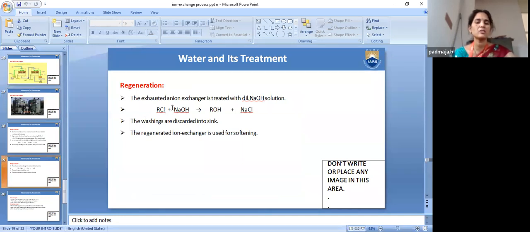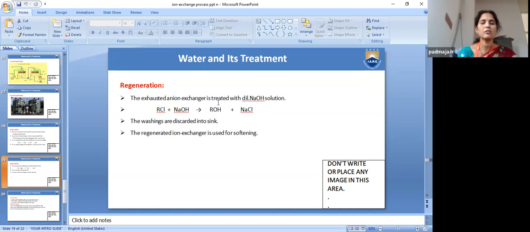We go for regeneration, meaning we pass sodium hydroxide solution onto the anion exchanger bed, where exchanging of anions takes place. That is, OH minus ions are exchanged with the Cl minus ions. We can write the reaction here: ROH plus NaCl. So this is now fresh, and the anion exchanger bed can be used for purification of the water.